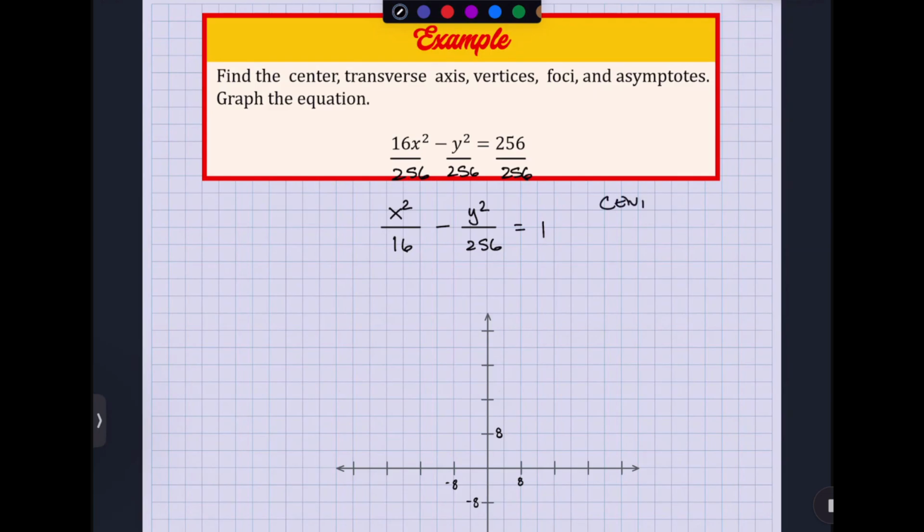Oh no, wait. Yeah. Okay, let's see if this question is going to come up. Does it open left and right or up and down?